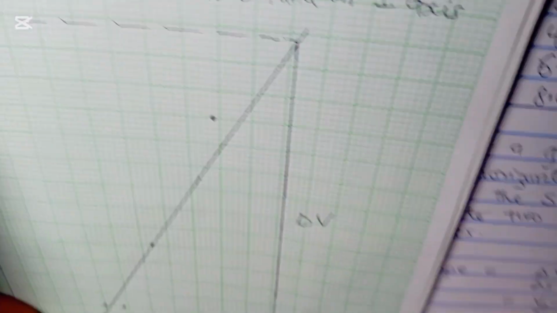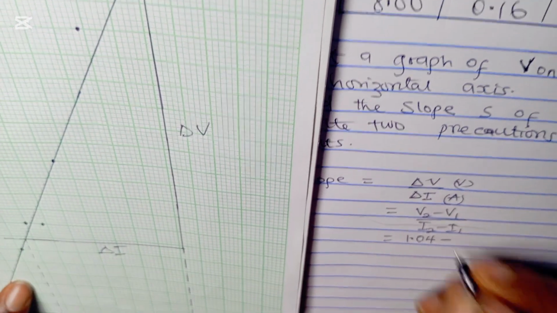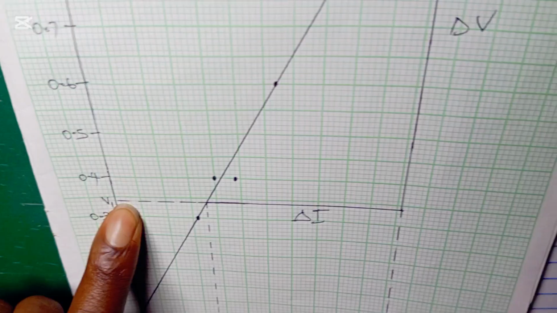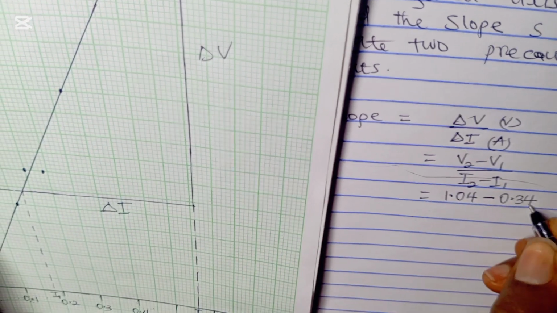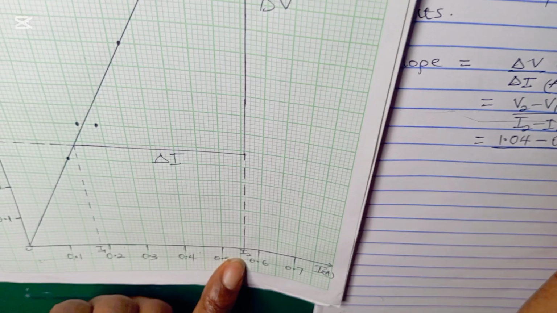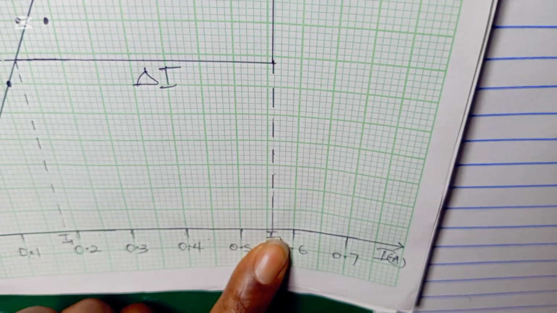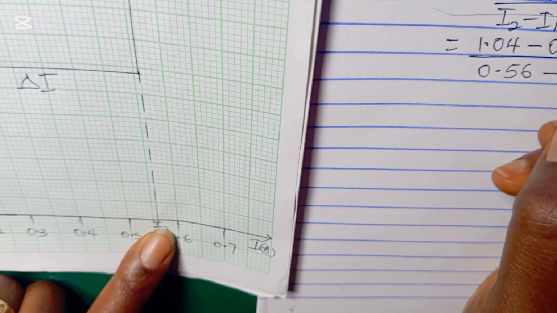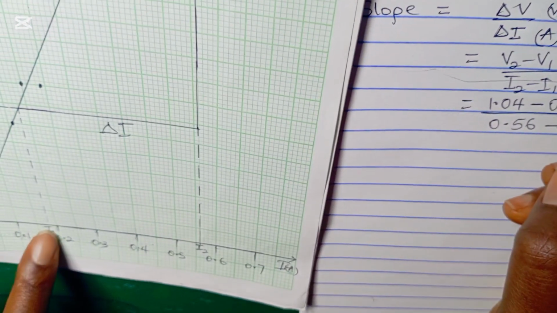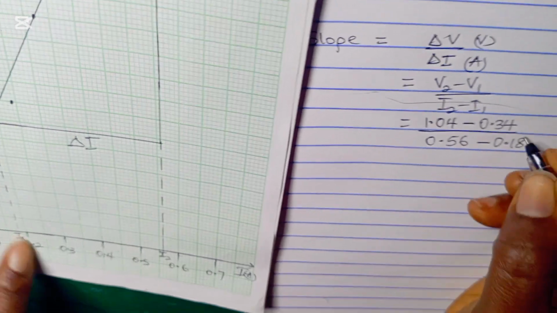So this is 1.04 minus 0.34, okay? Then divided by 0.56 minus this 0.18.